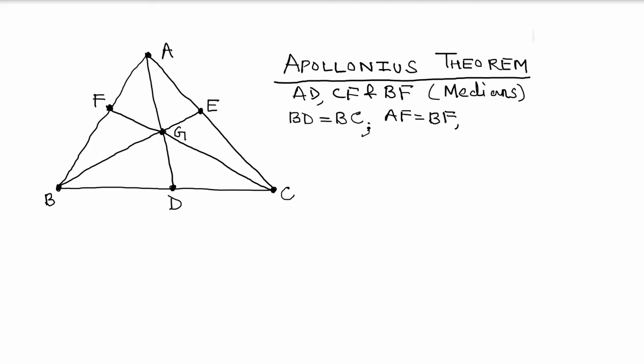If BE is the median, in that case the line segment AE should be equal to the line segment EC, and if the line segment AE is equal to the line segment EC, and all these things we are discussing with respect to the given triangle ABC, then BE is the median.